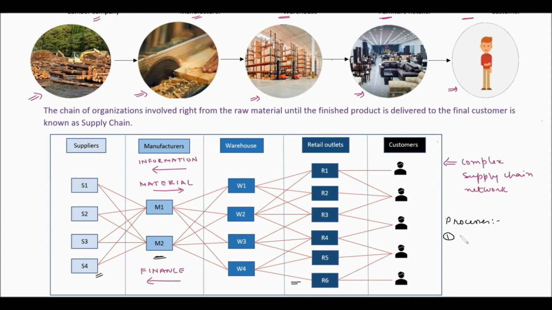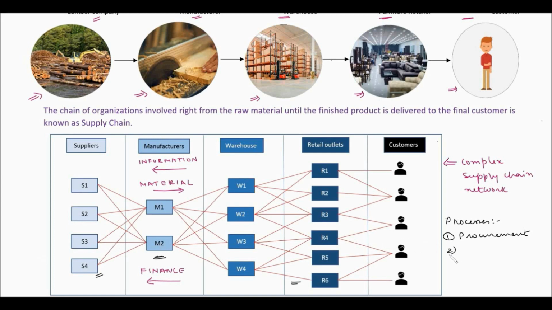The first process is procurement of input materials and services. As you can see, the manufacturing firm needs raw materials from its suppliers. So the manufacturer is heavily involved in procurement of raw materials and other services from its suppliers.